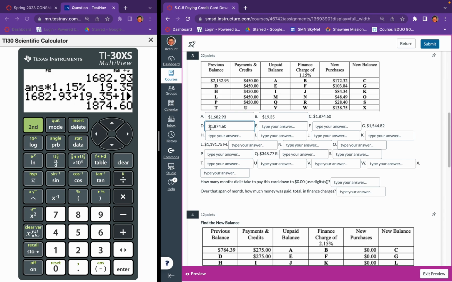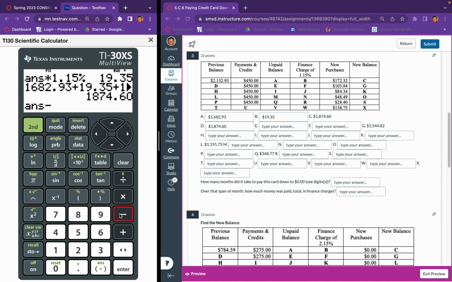All right? We're going to make a payment of $450. So we're going to go minus $450. So now we owe $1,424.60. So that is what we owe after we made a payment.